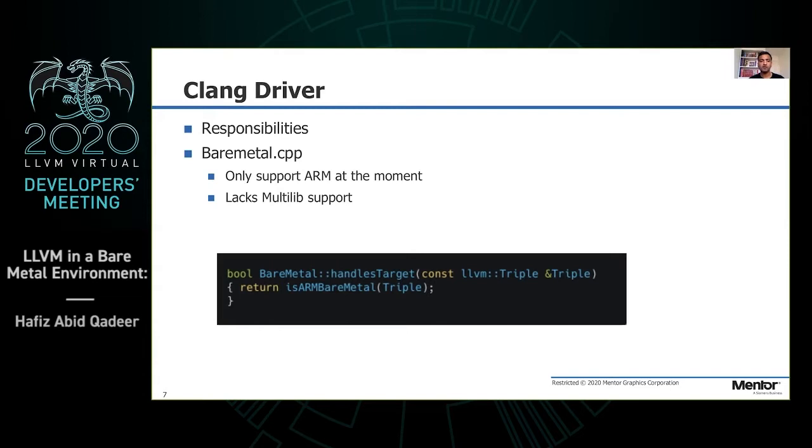So it is quite trivial to add support for other targets too. But this file doesn't support Multilib. So if you want to support Multilibs for your target, then you will need to add support. Apart from BareMetal.cpp, some other toolchains like RISC-V do their own thing, and it also has a bare metal toolchain, but that is dependent on the GNU toolchain being present.